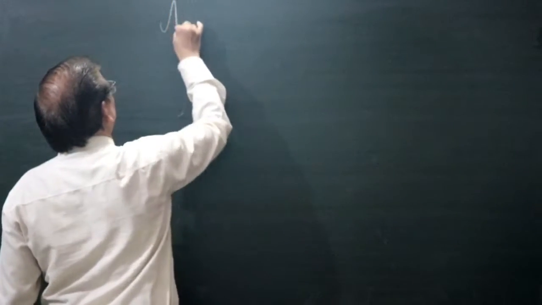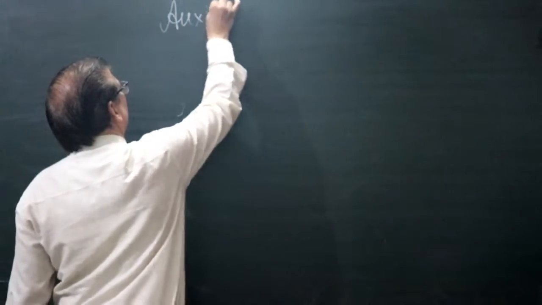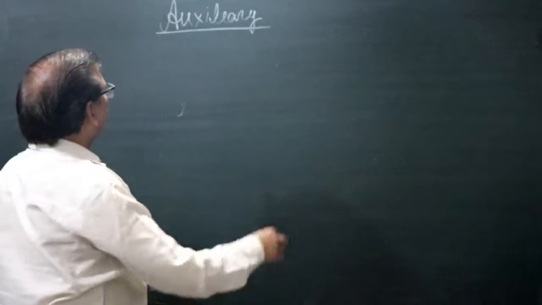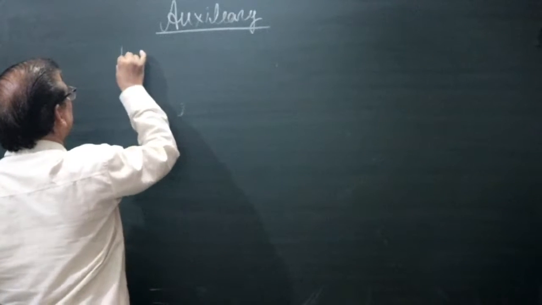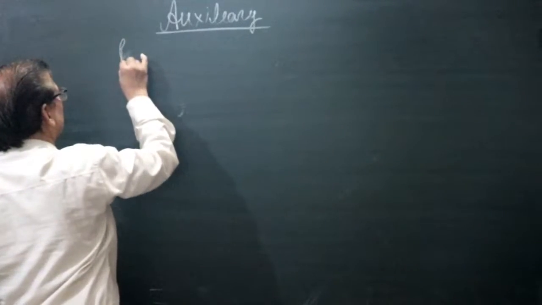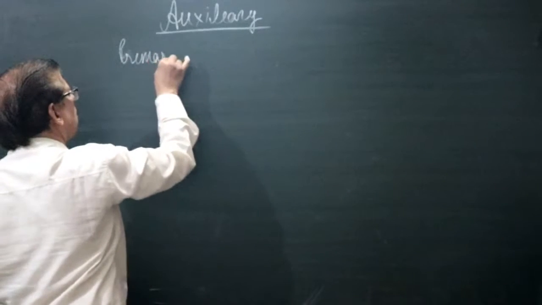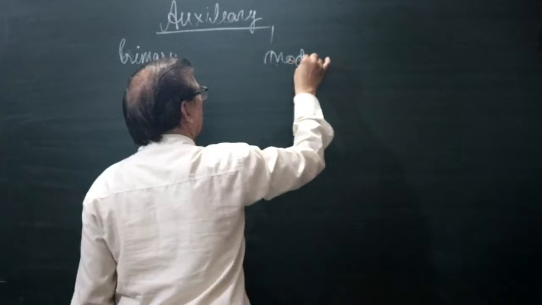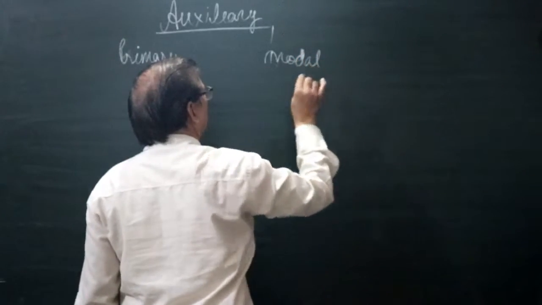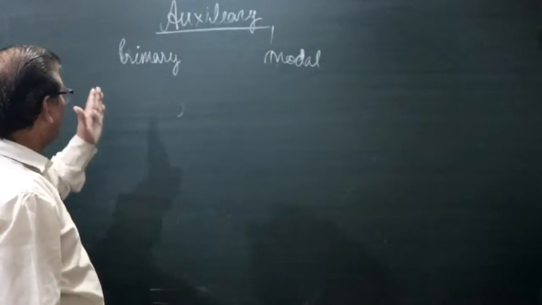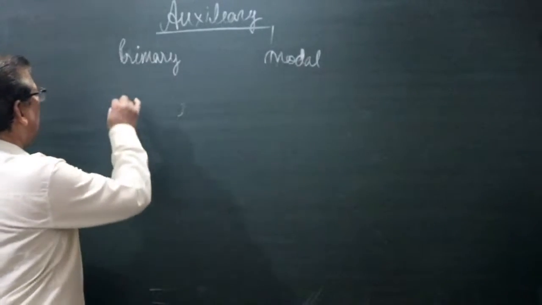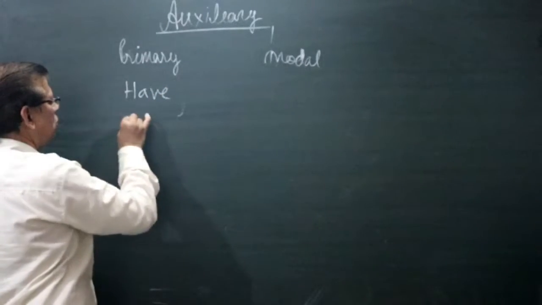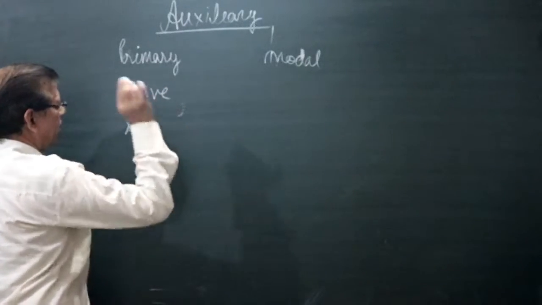Auxiliaries are of two types. Number one, primary auxiliary. Number two, modal auxiliary. Primary auxiliaries are have, do and be.